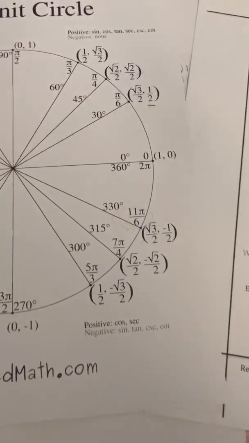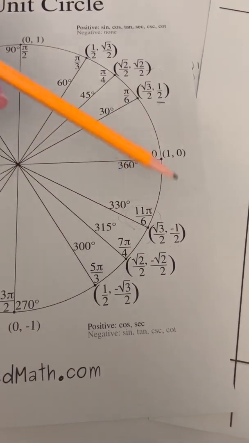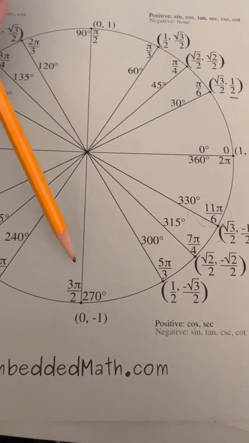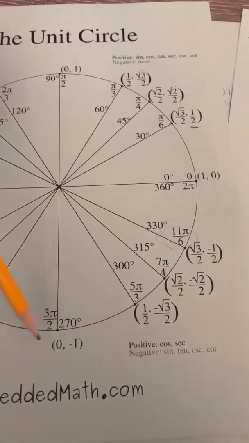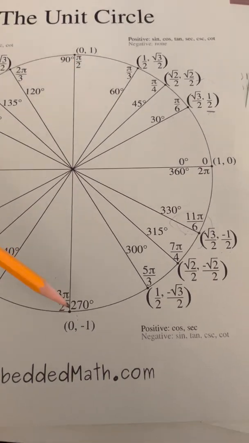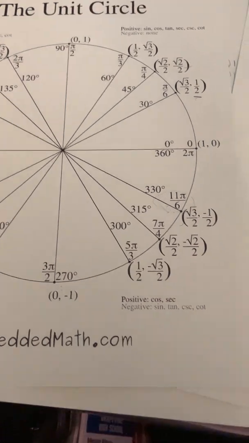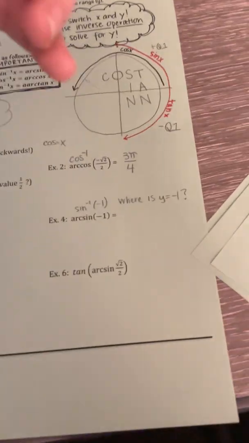So we have to find where our y value is equal to -1. It's going to be down here. So technically this is 3 pi over 2, but if it were flipped, again, we have to use our negative quadrant 1. This is going to be negative pi over 2. So we would just take the top and flip it down. Where y is -1 will be negative pi over 2.